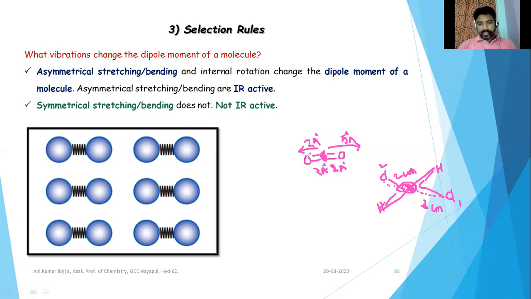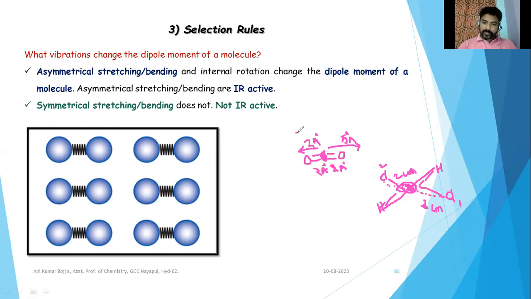So this oxygen atom is stretching to a distance of 3 angstrom units, and this oxygen atom is stretching to a distance of 5 angstrom units.